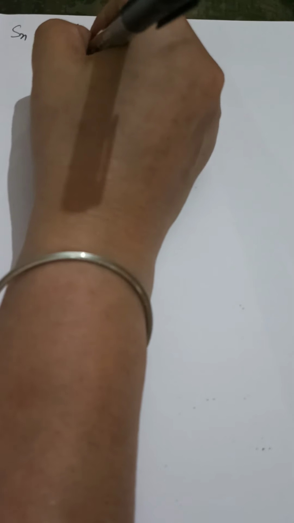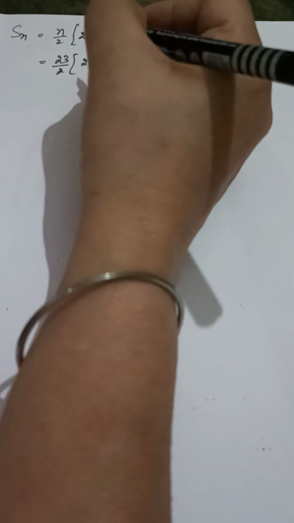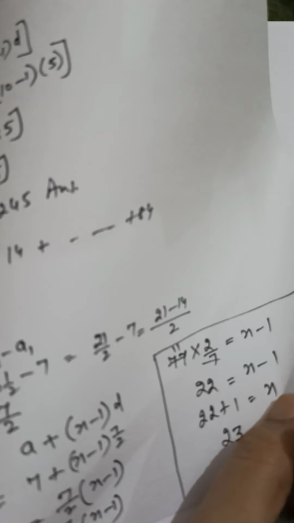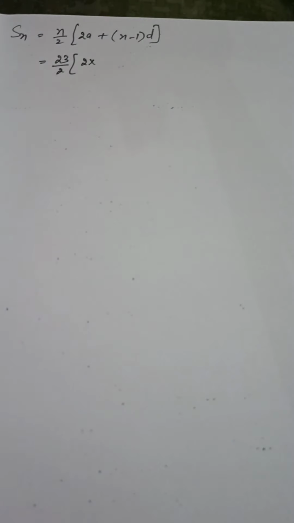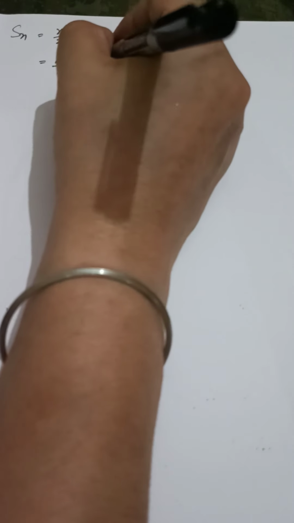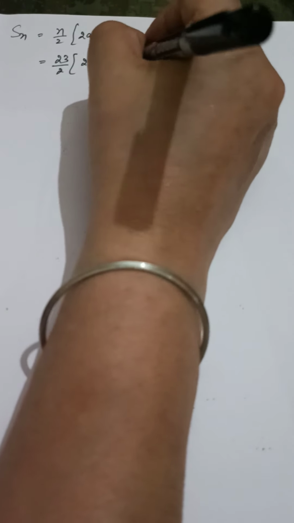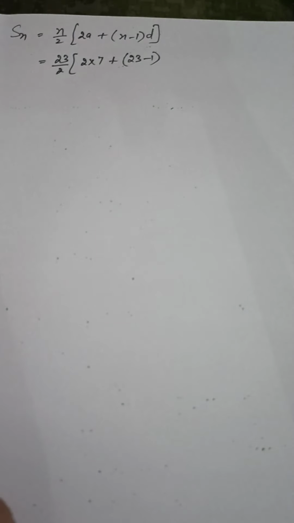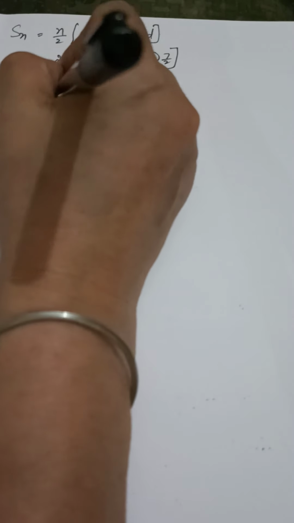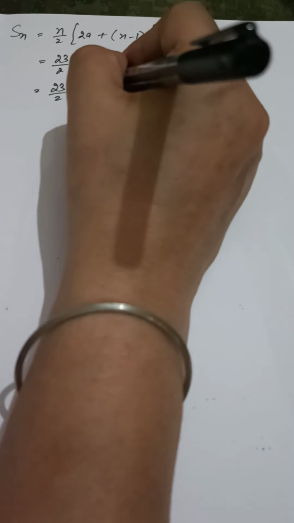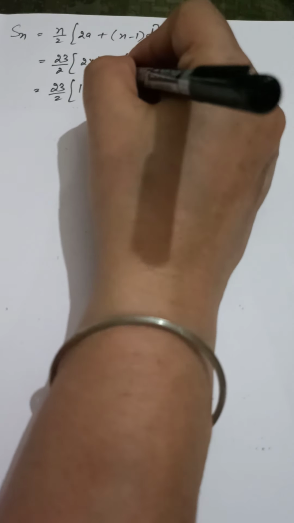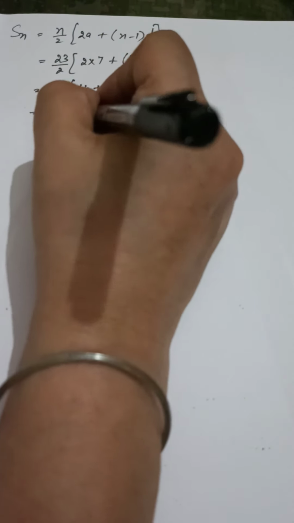23 upon 2, 2a. What is a here? a is 7 and d is 7 by 2. a is 7 plus (n minus 1), 23 minus 1, and d is 7 by 2. 23 upon 2 (14 plus 22 into 7 upon 2). 2 elevens are 22, there is cutting. 23 upon 2 (14 plus 77).